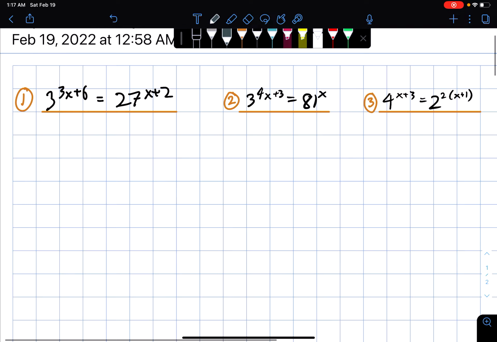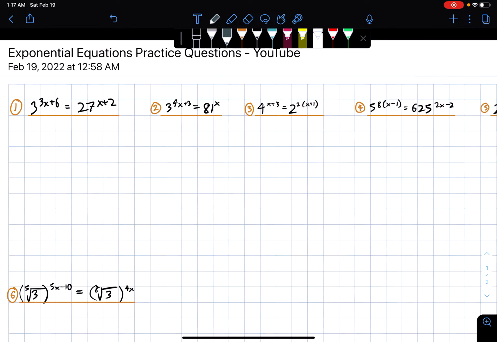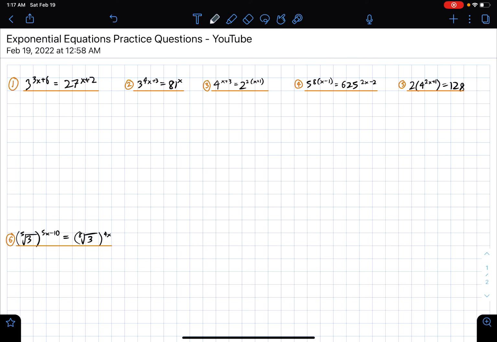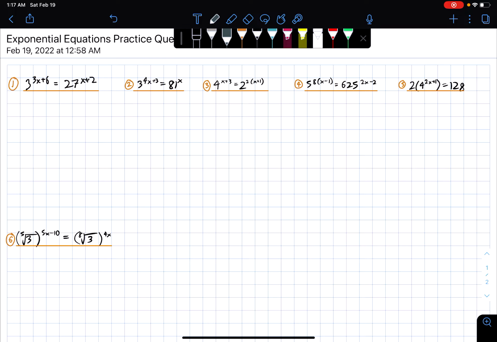For number 1, we are given an equation 3 raised to 3x plus 6 is equal to 27 raised to x plus 2. Just so you know, when we solve exponential equations, we do have algebraic manipulation. We apply the lessons that we've learned back in elementary algebra.